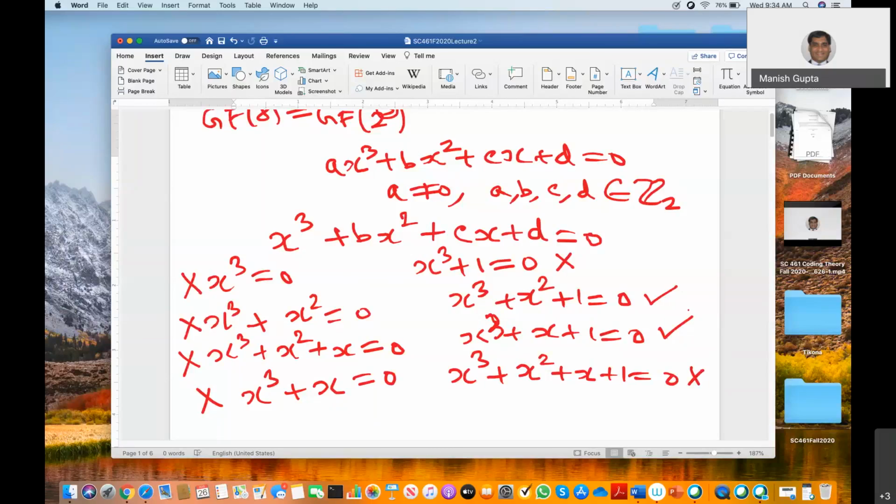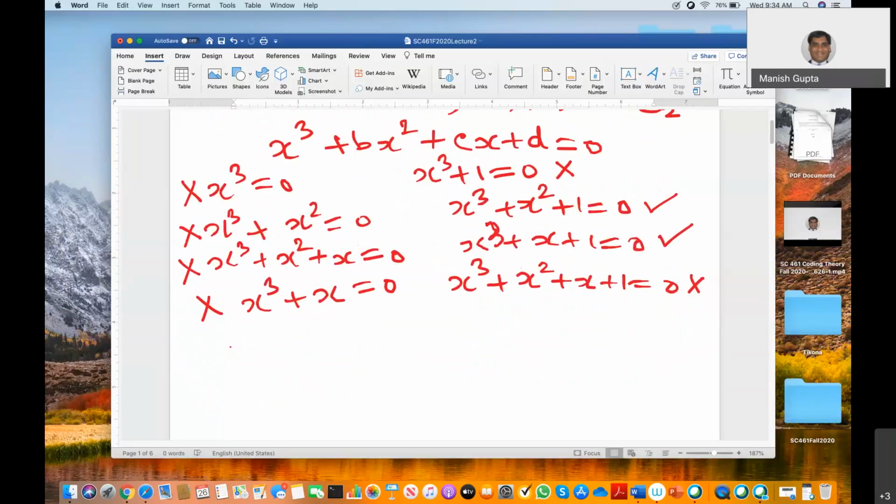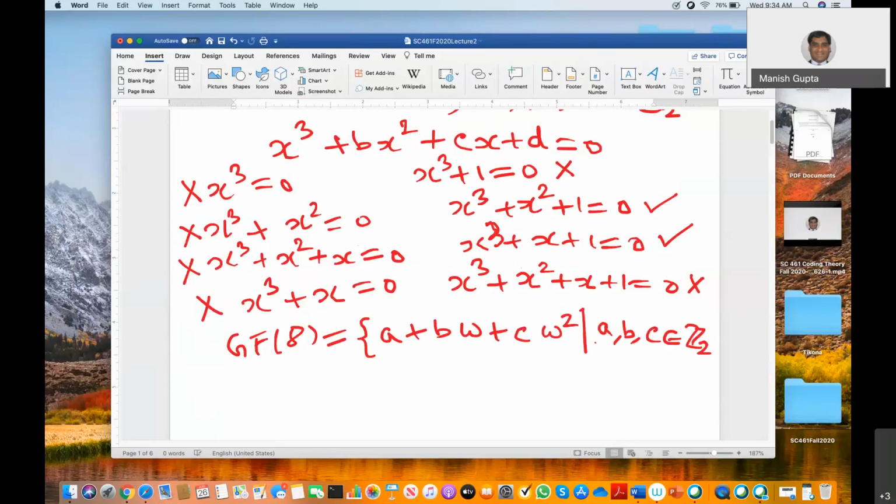And this time you need to construct the field like this: GF8 is a plus b omega plus c omega square, such that a, b, c belong to Z2, and one equation will be omega cube plus omega plus 1 is equal to 0. This is one construction.